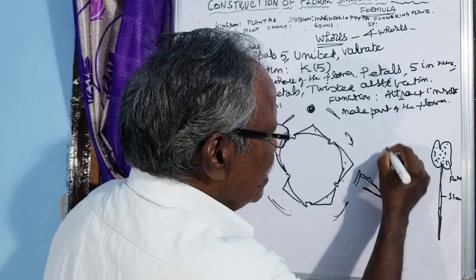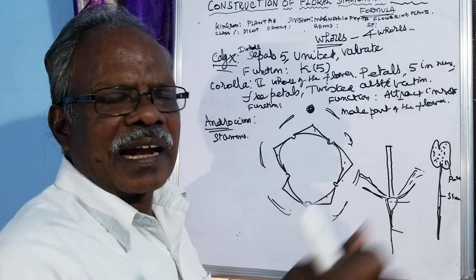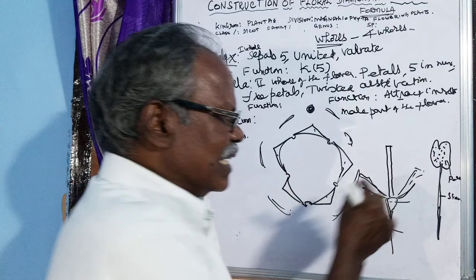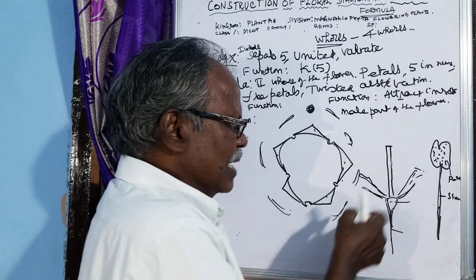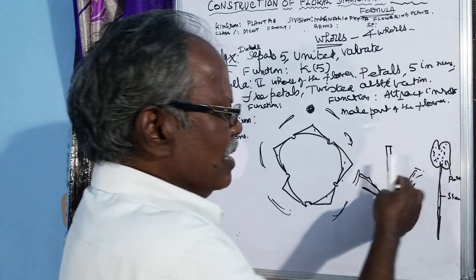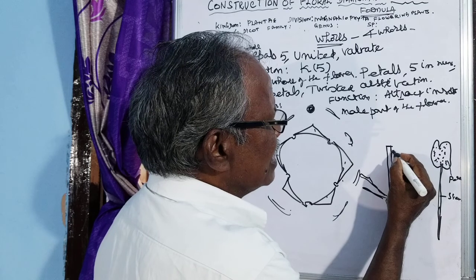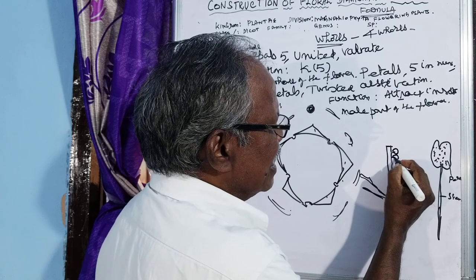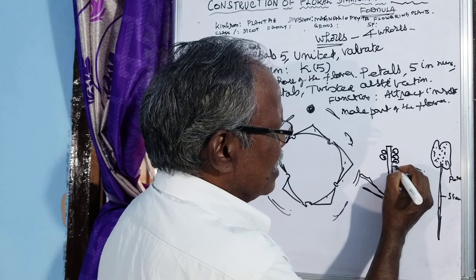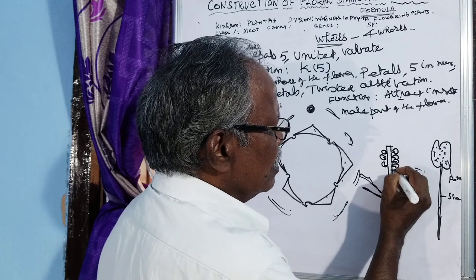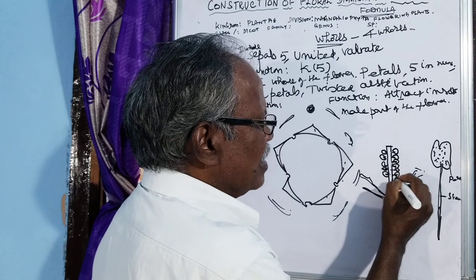From this, a tubular structure is arranged, like a straw that we drink with, a tube-like structure, hollow inside. And then over the tubular structure, the anthers are arranged. Kidney-shaped anthers are there. Plenty of anthers, numerous anthers. This is anther, the male part of the flower.